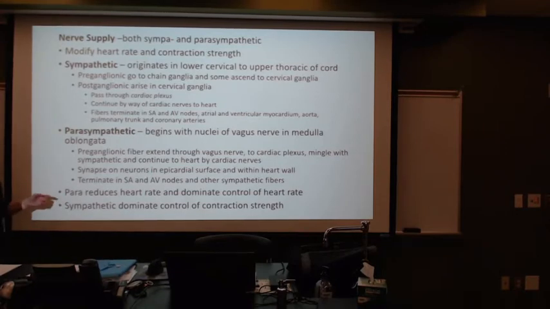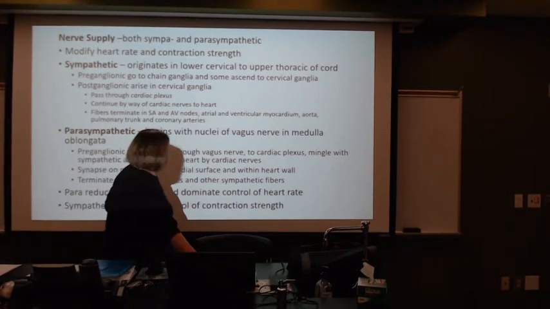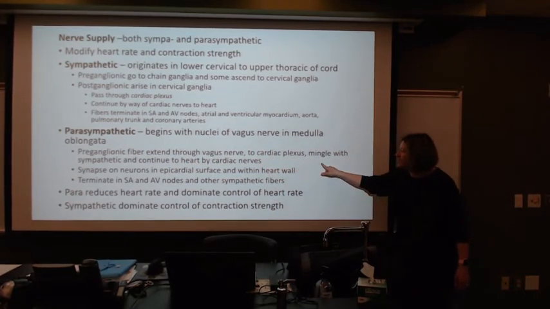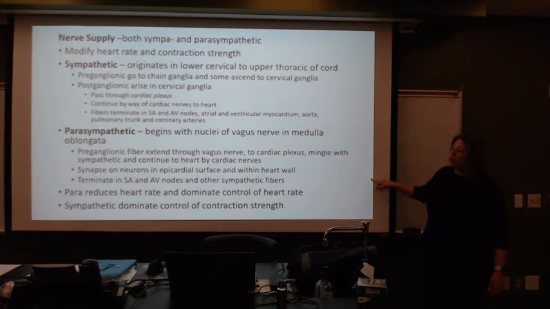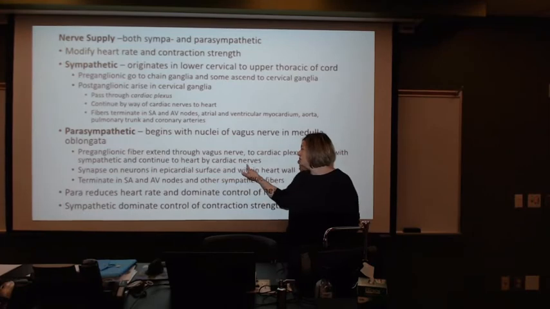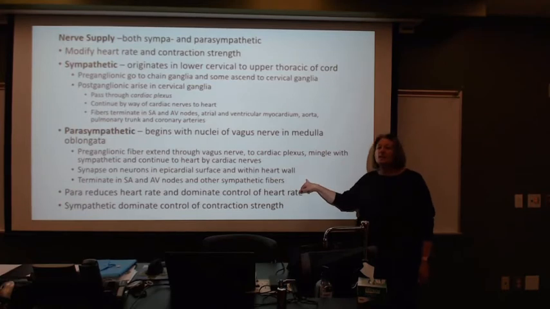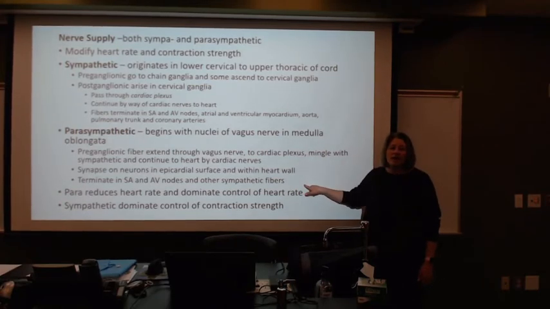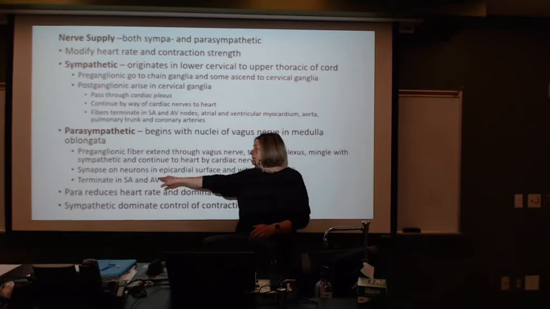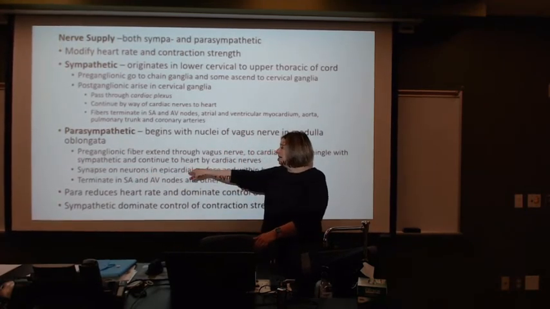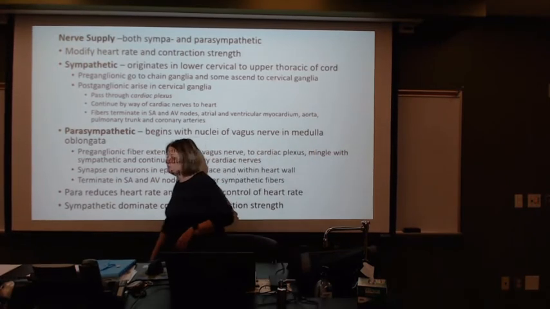Now, once again, pre, post, all right? For the parasympathetic fibers, they go through that vagus nerve to that cardiac plexus, mingle with my sympathetics, and continue to cardiac nerves of the heart. Now, this time, the parasympathetic fibers, they synapse in little neurons on my epicardial surface.